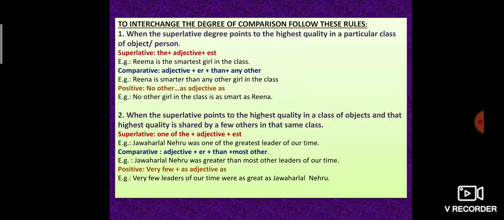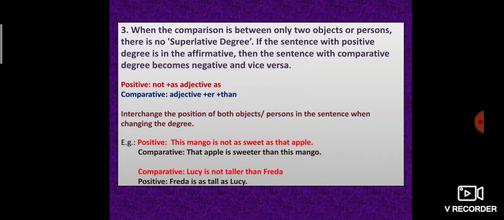Remember, my dear students, as we have seen in the previous slide, the comparison was made between only two objects or persons, like Jawaharlal Nehru, leader, Reena, girl. So there were only two objects, two things, two persons in the sentences. So we were changing into comparative and positive. But in superlative degree, there are not two objects or persons, there is a group of persons.